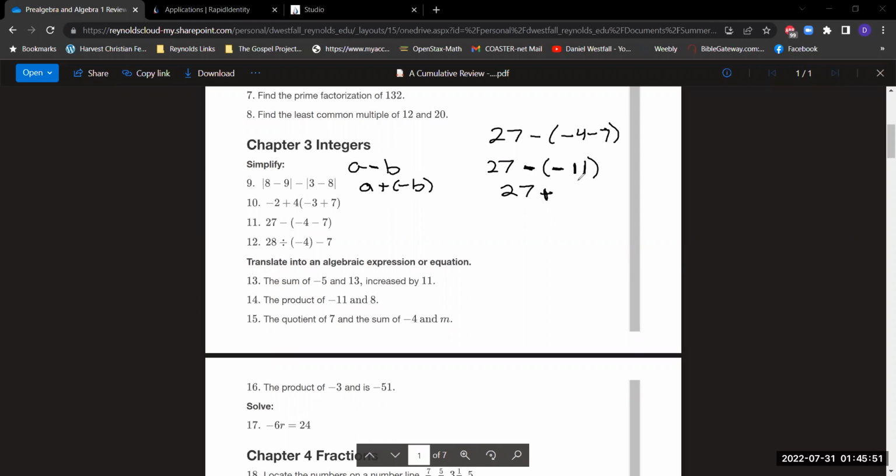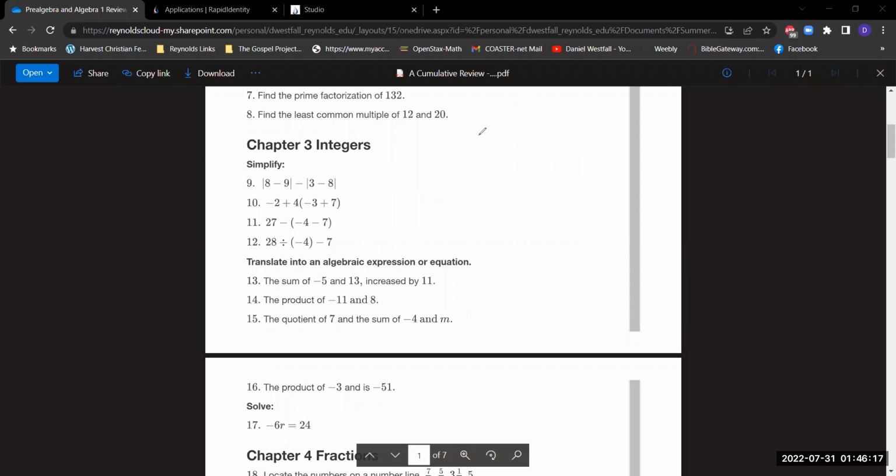And I'm going to change that -11 to a +11 because I don't write two signs next to each other like this in arithmetic. If I have two different signs, then they're going to give me a negative. But if I have two of the same sign, they're going to give me a positive. 27 plus 11 is going to give me 38.